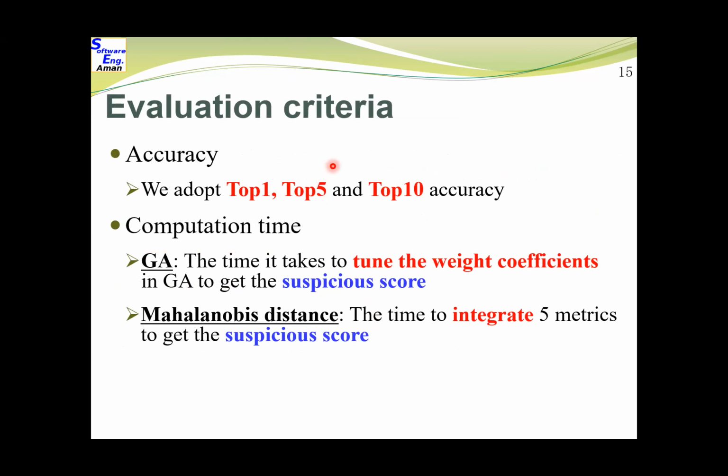And these are the evaluation criteria. Regarding the accuracy, we adopt top 1, top 5, and top 10 accuracy. And about the computation time, in GA, it is the time it takes to choose the weight coefficients in GA to get the suspicious score. And in Mahalanobis distance, it is the time to integrate 5 metrics to get the suspicious score.